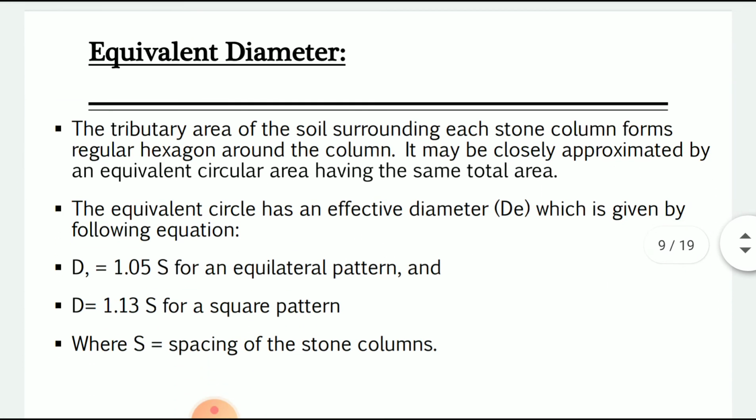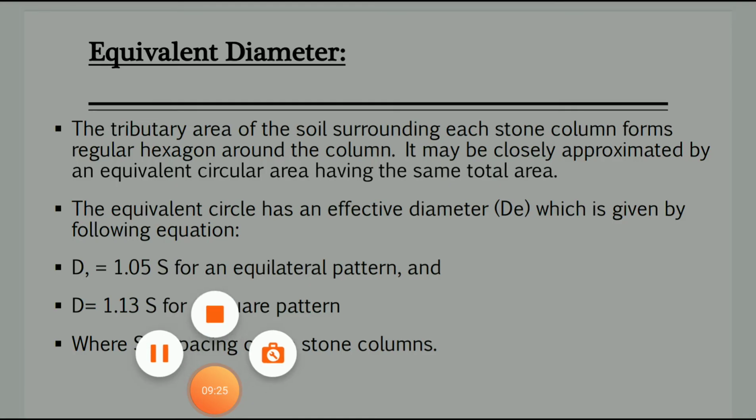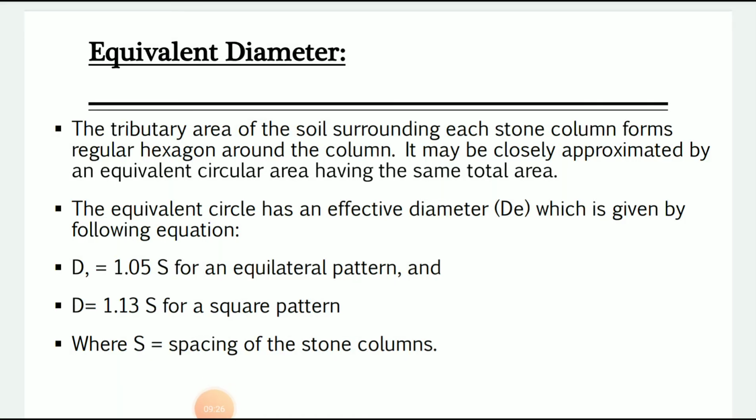Then the equivalent diameter. The tributary area of the soil surrounding each stone column forms a regular hexagon around the column. It may be closely approximated by an equivalent circular area having the same total area.